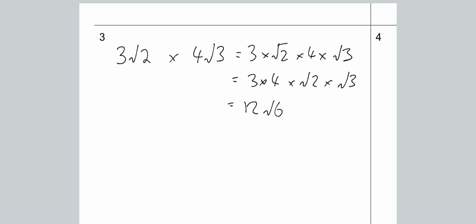By the way, I would not solve this problem in this way. So I put the multiplication symbols in to demonstrate that what we're doing is reordering the multiplication. But could I go 3 times 4 times root 2, root 3? Yeah, technically. The root sign, obviously I can't do 3 times 4 because it looks like 34, right? Can't do that.